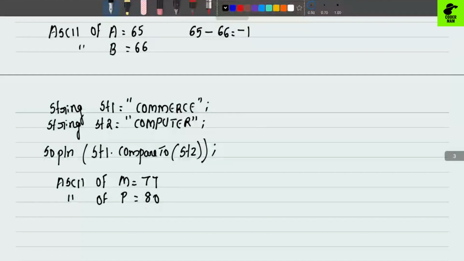So what is the difference? 77 minus 80, that is minus 3. So we have to consider the characters where the difference is. Now let us see another example for compareTo.